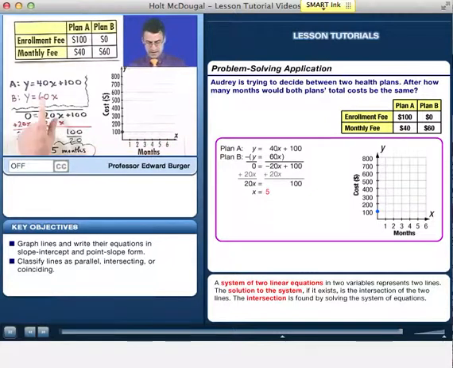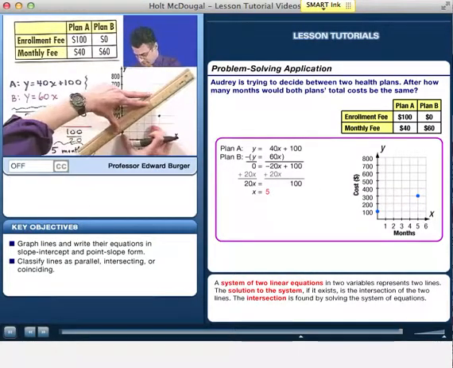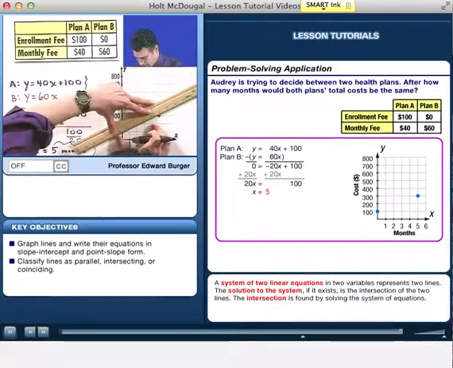And the slope is 40 over 1. So I go 1 over, 40 up. And what would that mean in terms of 5? If I go 5 over, how high do I have to go? Well, that's going to be 200 up. So I go 5 over, 200 up, and I get to here. Use my straight line, and I can graph the purple Plan A.